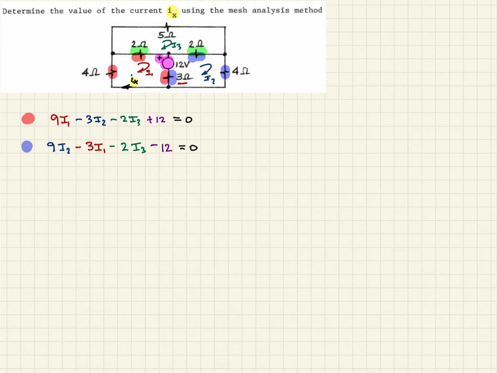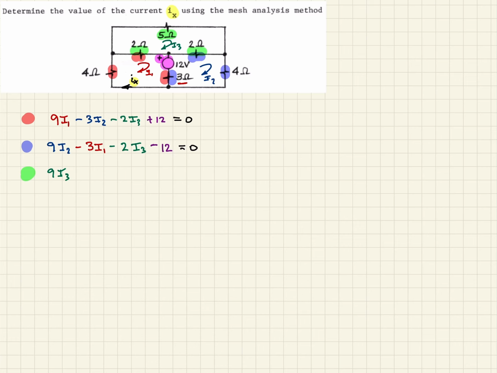And then finally, we have our loop associated with I3. And so here we already see the 2 ohm resistor, so now we have this 5 ohm as well. And so we can write that then as 5, 6, 7, 8, 9 I3.